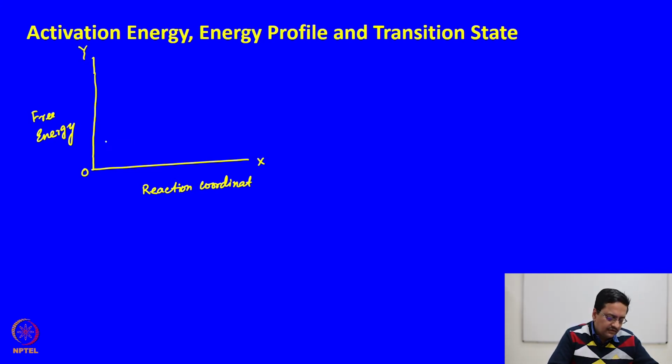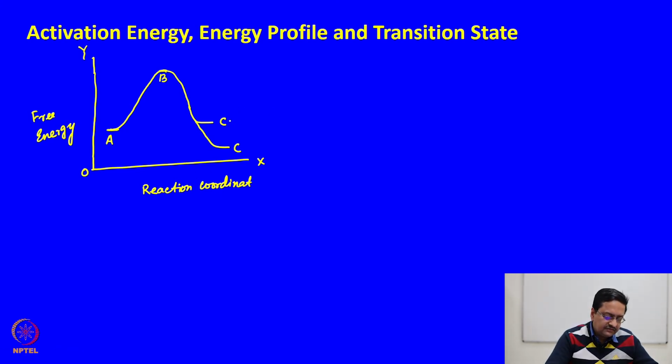Suppose we start with a particular free energy of the reactant as A, and this goes through an activated transition state, designated here as B, and proceeds to form the product C, which could be higher in free energy compared to A, or could be lower in free energy compared to A.